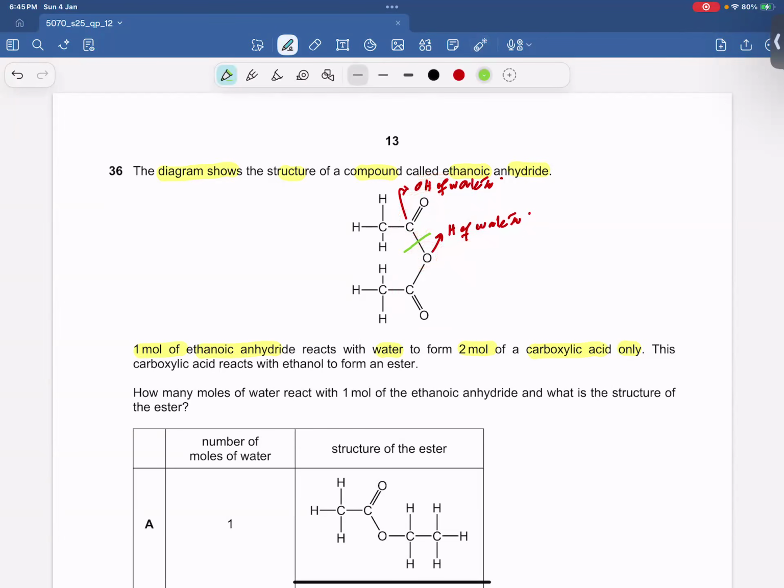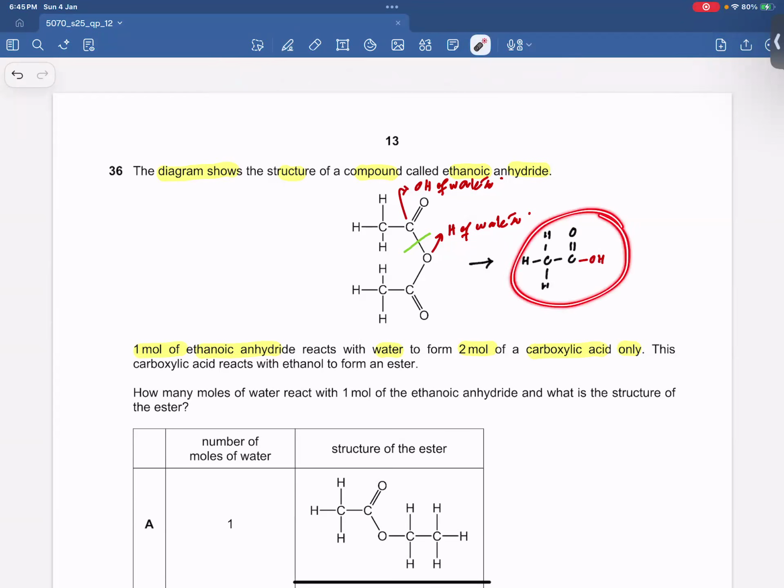Now let me make the structure from this. This is CH3, CO, and this is OH of water. Look guys, this is ethanoic acid. Plus, this is the remaining part.